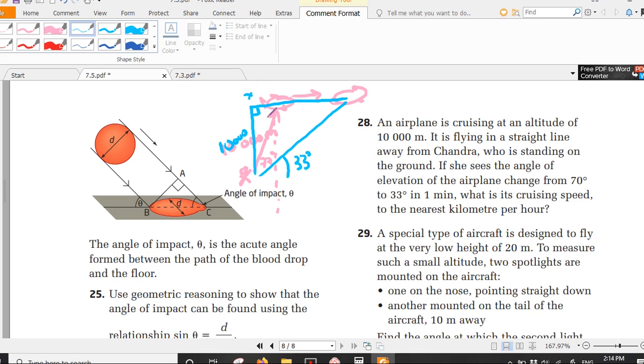Let's call it x. Or distance, sorry. Once you find that distance, then you can look at the smaller triangle. And again, you know that this height is 10,000. And you know that this angle here would be 90 minus 77, so 13.